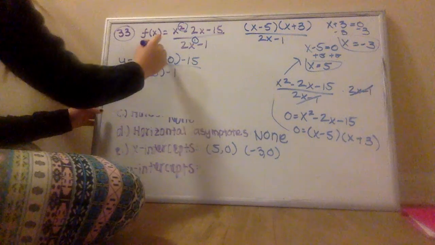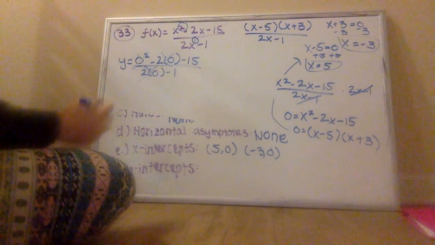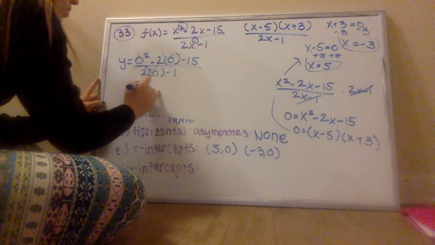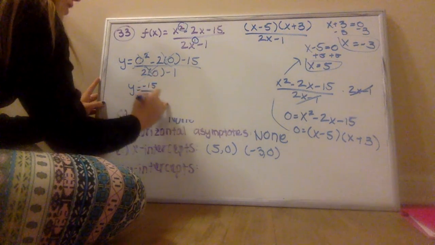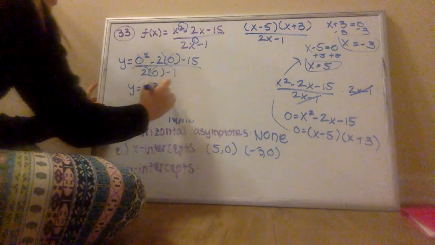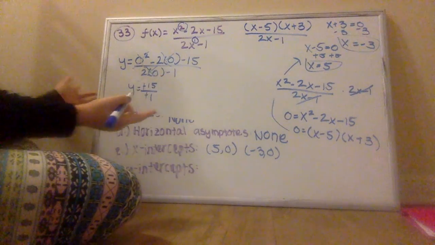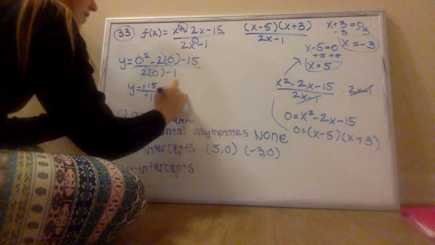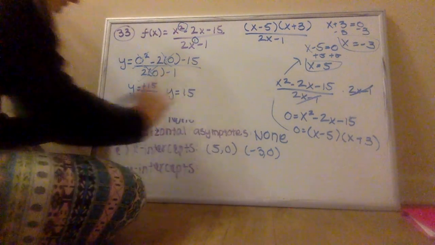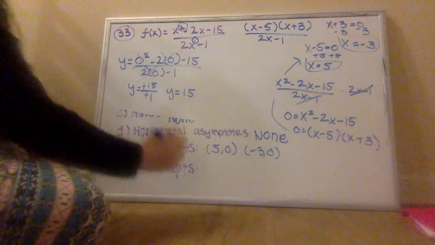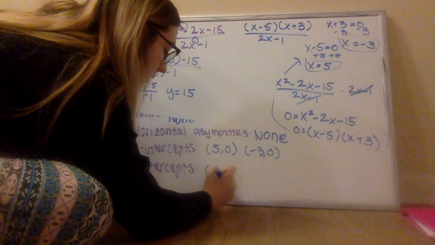Alright, so then these cancel because they're all with 0, and we're left with y is equal to negative 15 over negative 1. Negative over negative cancel, and anything divided by 1 is just itself, so then we have y is equal to 15. So then we have a y-intercept at (0, 15).